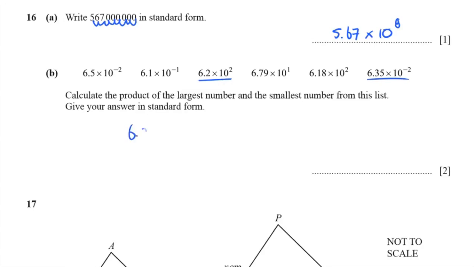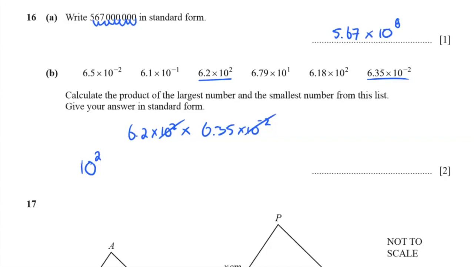All right, so to give our answer in standard form, oh, that's going to be interesting. We have 6.2 by 10 squared, and we're going to multiply it by 6.35 by 10 to the minus 2. The 10 squared and the 10 to the minus 2 actually cancel each other out. And you may ask, well, how in the world did that just happen? Well, when you multiply powers with the same base, you add them, right?